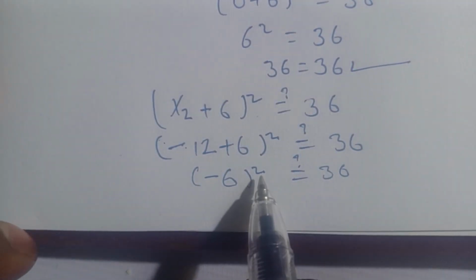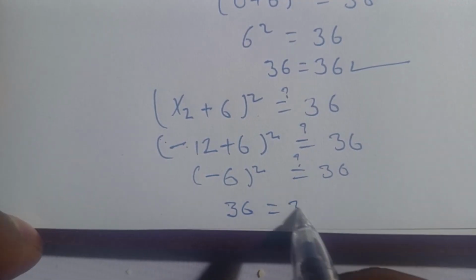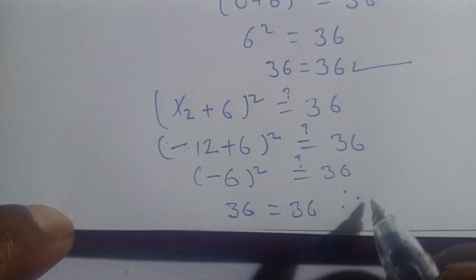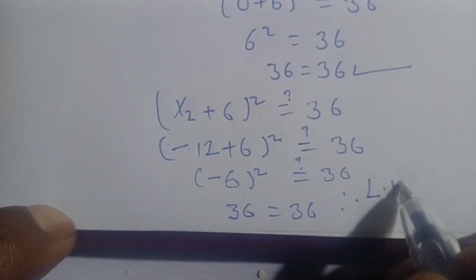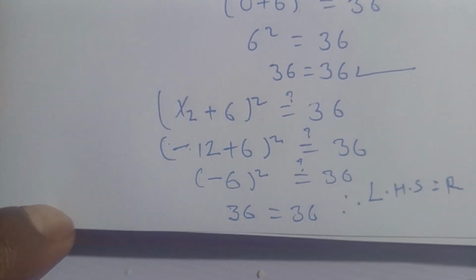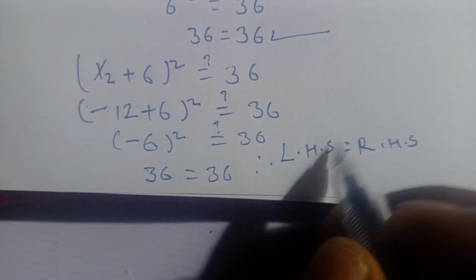Minus 6 squared means 36 equals 36. Therefore, left hand side equals right hand side. The solution.